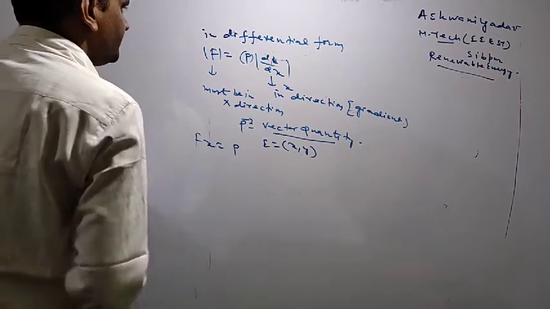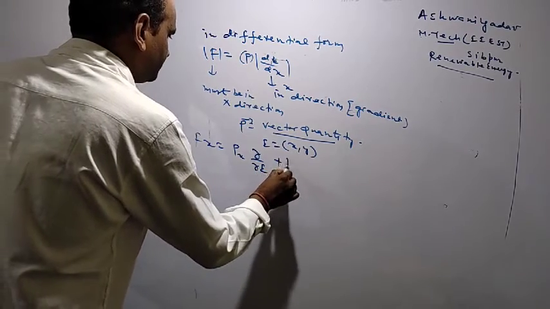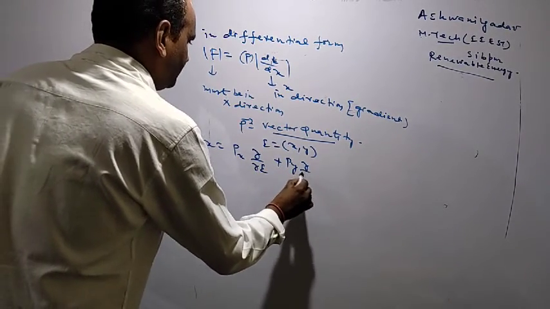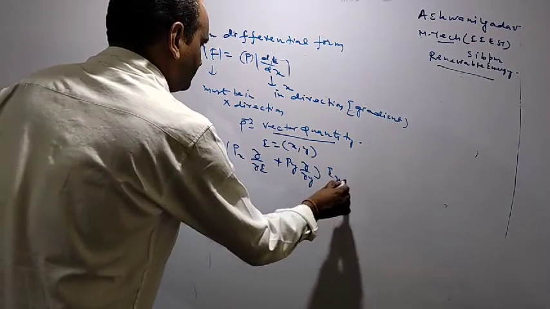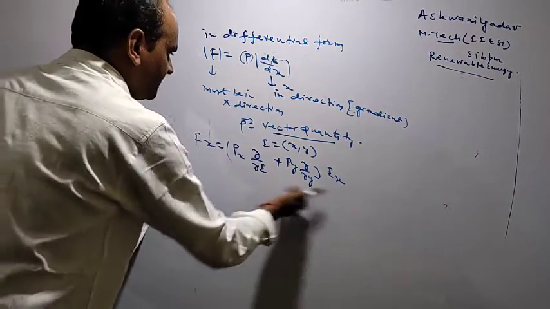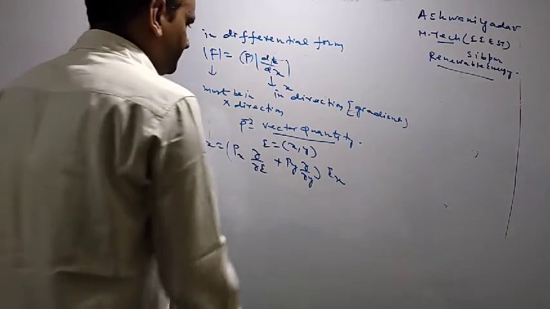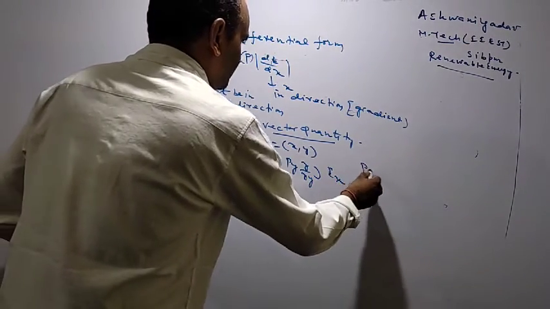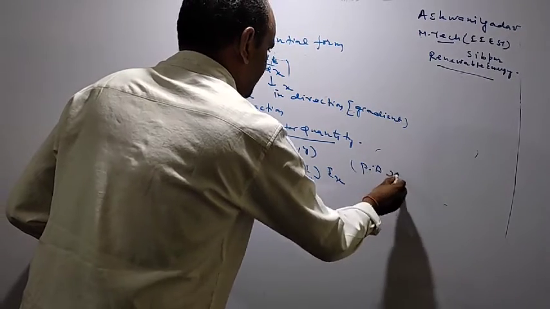So one operator you can find: P_x del by del x plus P_y del by del y. When you operate this on the electric field, this is the gradient actually. So you must study this operator, P dot del E, gradient of the electric field.